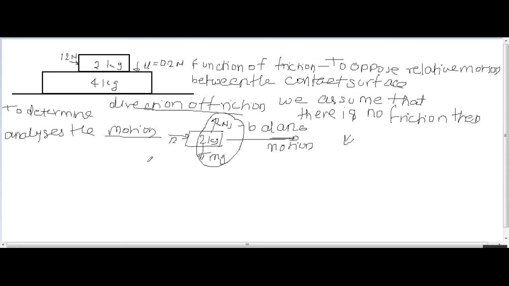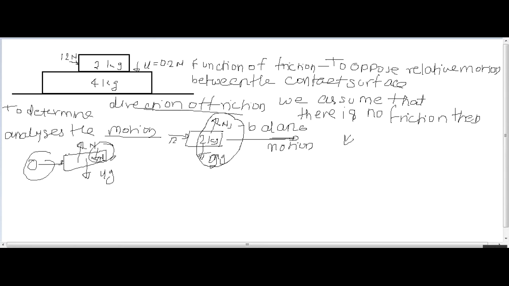Now I am going to draw the free body diagram of this 4 kg block. This is 4g, sorry, I should write 2g here, not mg, then 4g, this is N, and this is N1. Be careful about who applied which force.